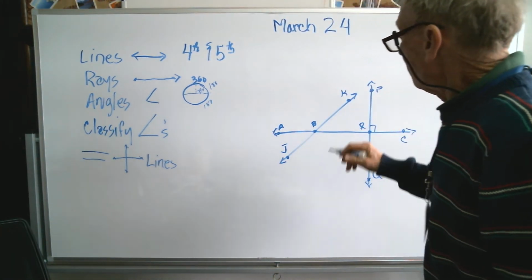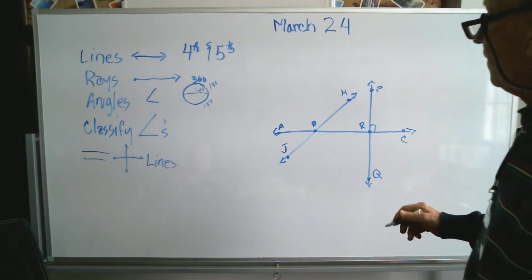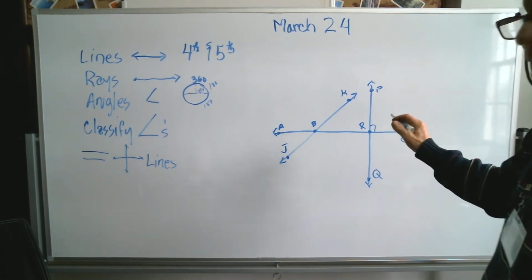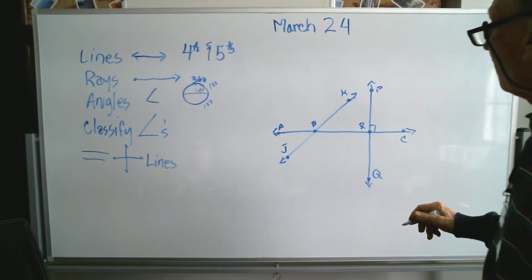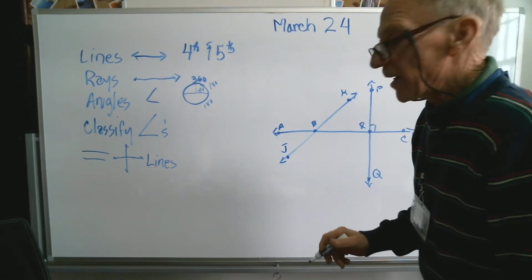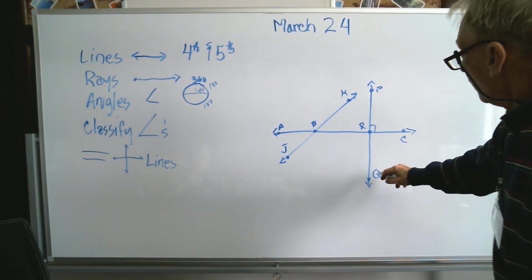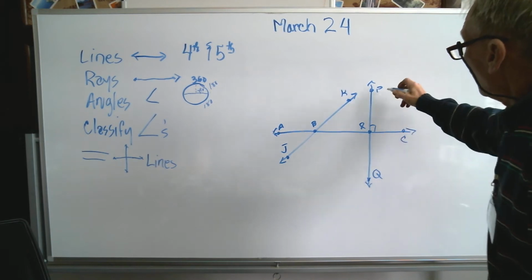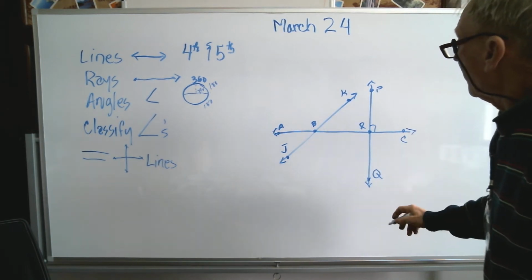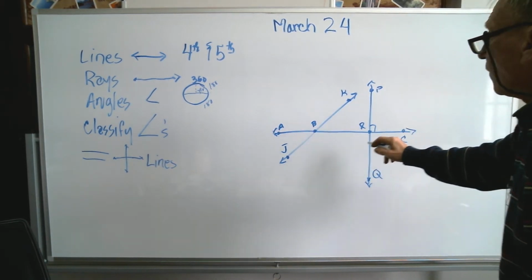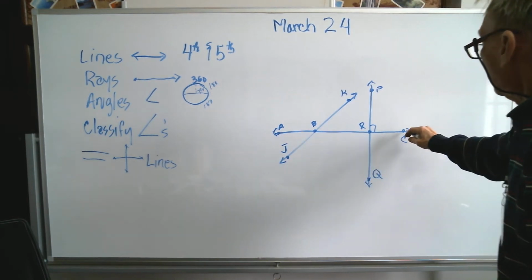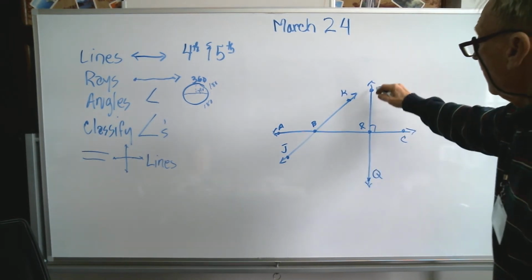Within this map, you see a whole variety of different things. First of all, the first thing that jumps out to me is this road here, road PQ, crosses road AC at a right angle.